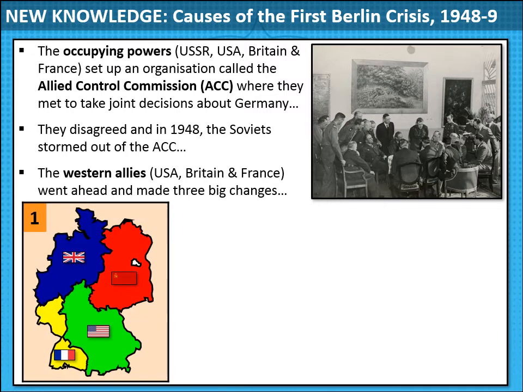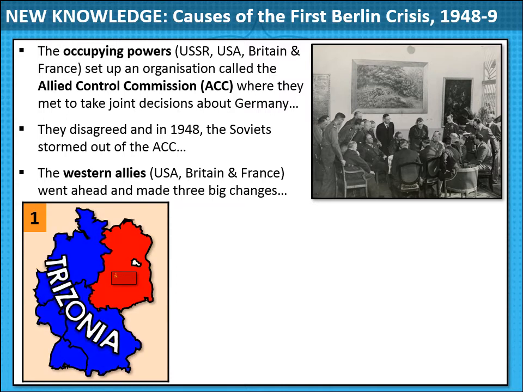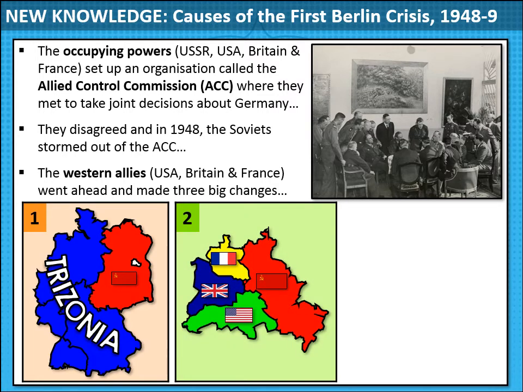Firstly, the Western Allies combined their zones of Germany into 1 unit. This unit was called Trizonia, tri meaning 3. They did the same in Berlin, merging their sectors to make 1 unit.